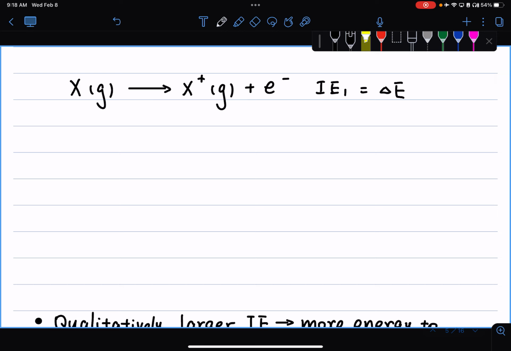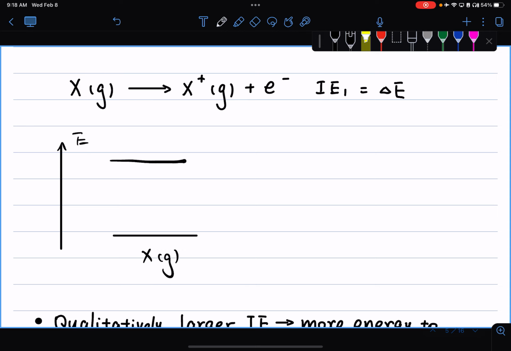Or if we put it on the energy diagram, we have the starting point, that's our atom in gas phase, and the finishing point, that's our product, which is X plus, the cation, plus a free electron. All right, so this process from X(g) to X plus and the free electron, this is our ionization energy.